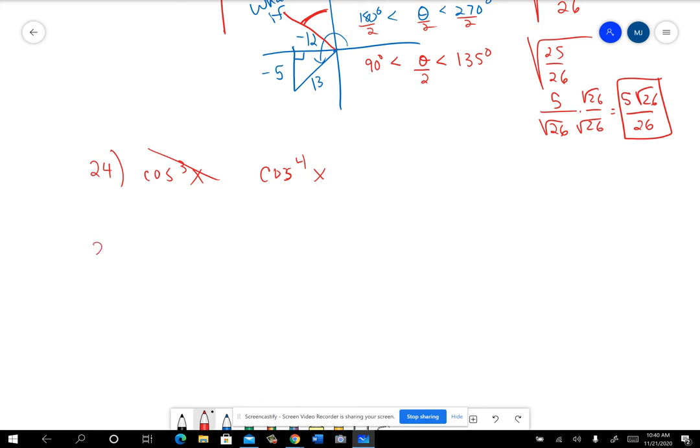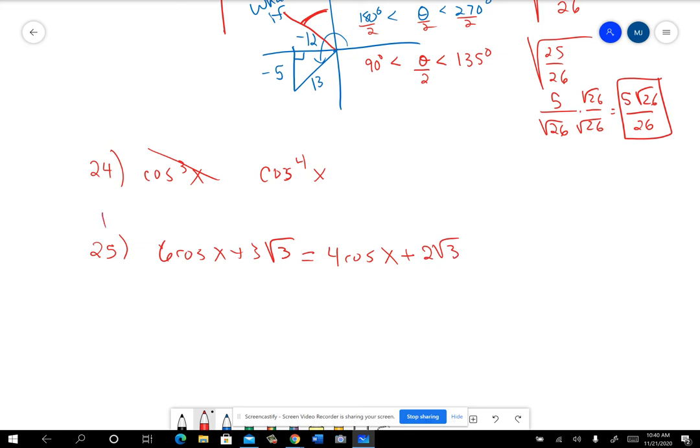All right, so I wanted to look at a couple problems. So like on 25, you're being asked to find all the solutions of this equation, which means find all the angles, all the x's.